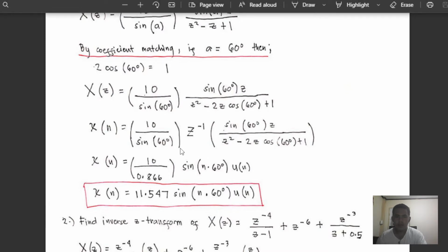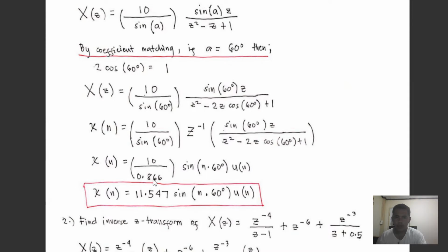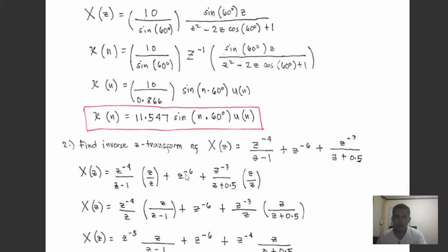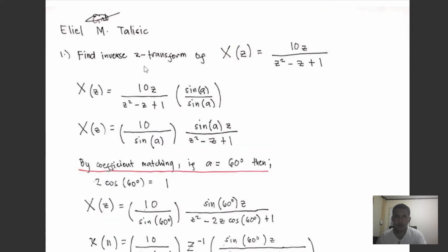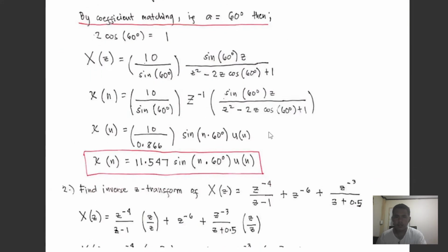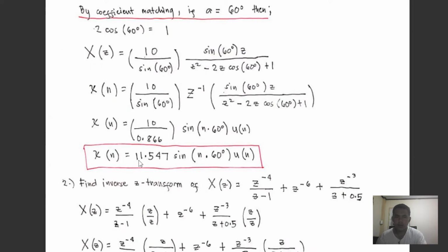Then simplify the following system. Sine 60 is only equal to 0.866. So the answer for this system is 11.547 sine of 60 degrees n, u[n].